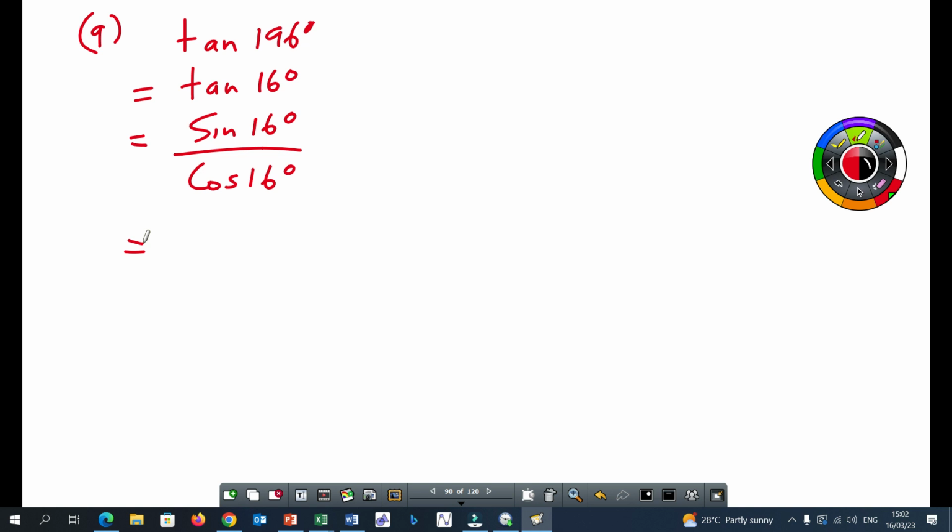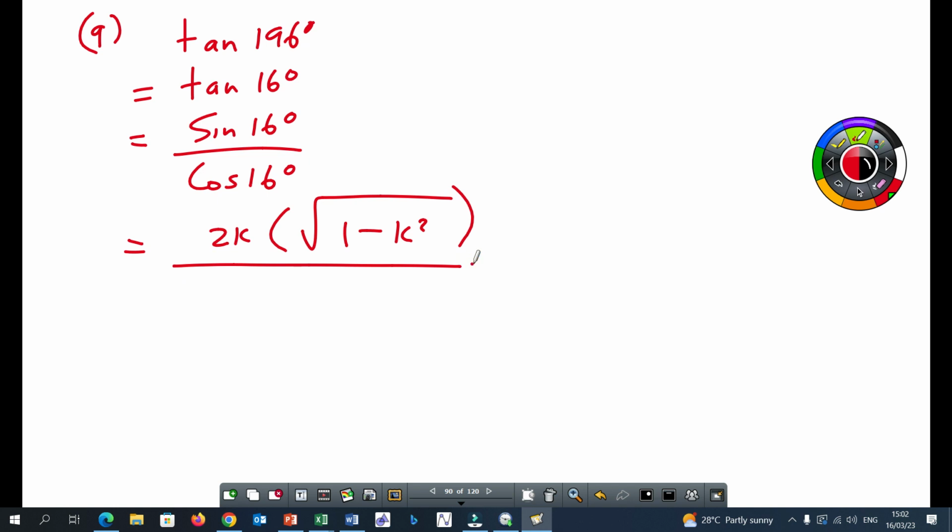What was the answer? 2k, square root of 1 minus k squared, all over 1 minus 2k squared. Like that. Right? Now, we can take the 2k into the root.